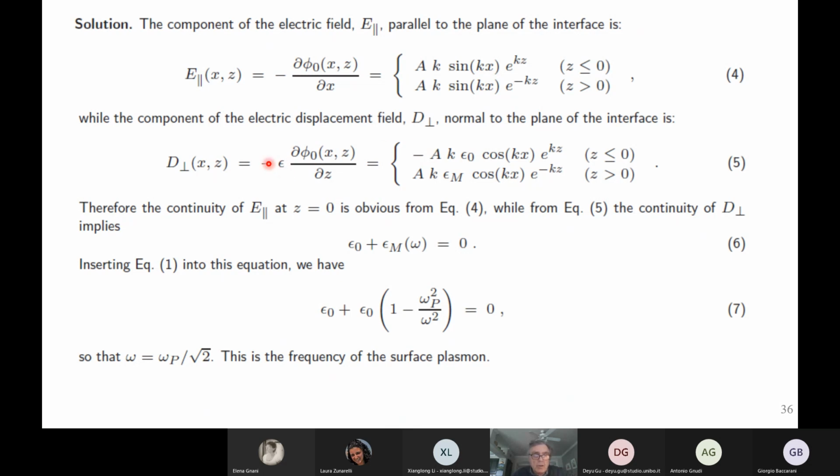You see that in order to have continuity of this, the sum of these two has to be equal to 0. So this must be equal to this at x equals 0, which means that the sum has to be equal to 0, which somehow loosely I call the total dielectric function of the system. But it comes from the continuity of the D field, having assumed, of course, that the potential, and so the parallel component of the E field, are continuous.